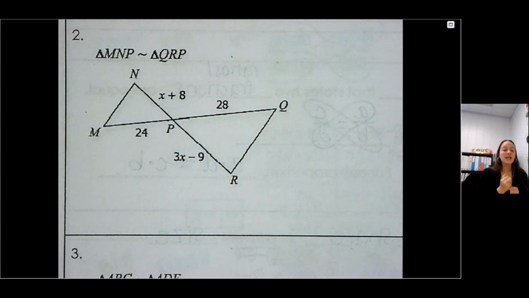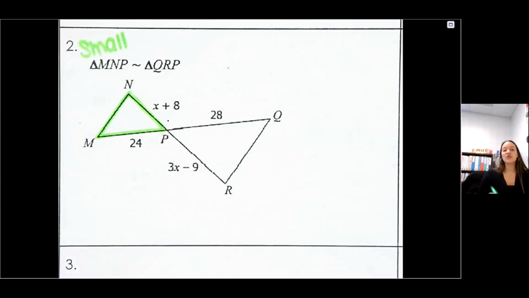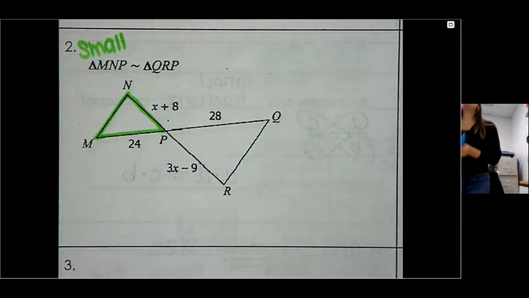Triangle MNP is this one on the left. This is the small triangle. I want you to label it as small. And then triangle QRP is the one on the right. It is the big triangle.